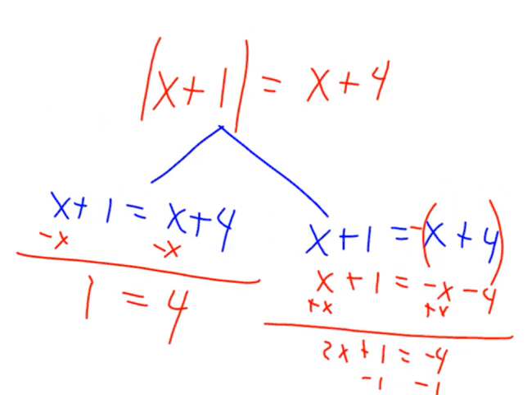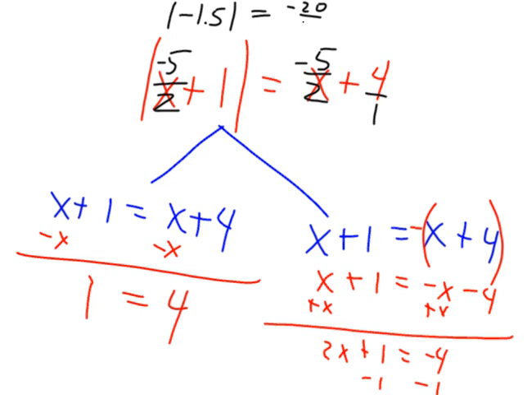Let me check it. If I take negative 5 halves here and here, I will get, let's see, negative 2.5 plus 1 makes negative 1.5. The absolute value of negative 1.5. And then I take this one and I get, I'm going to put this over 1, and I get negative 20 over 2, which is the same as negative 10.